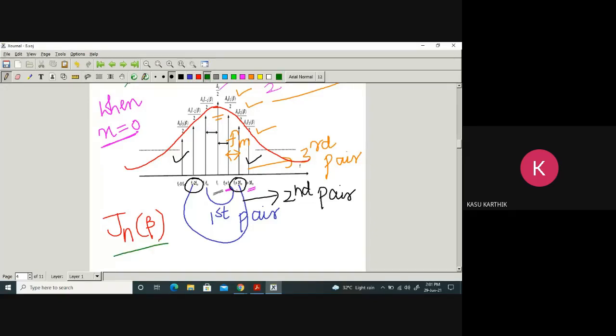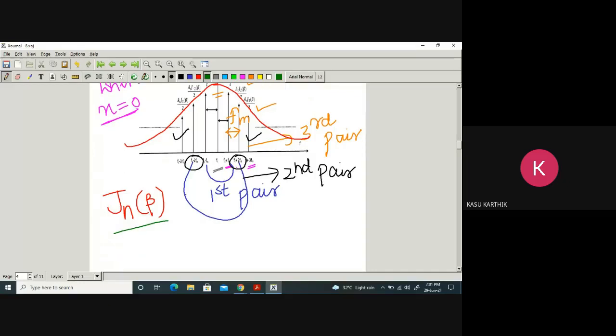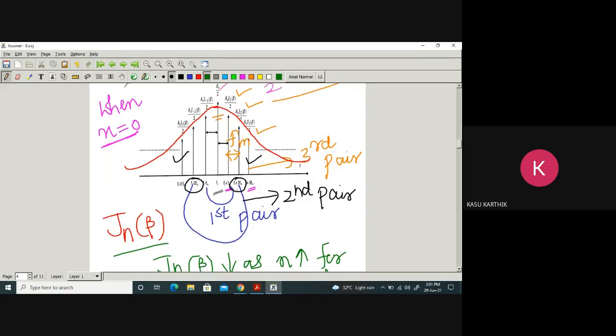As I told you in the last class, J_n(β) decreases as n increases for fixed β, which means if β is the same, as n increases, J_n(β) decreases. So that's what is happening here.